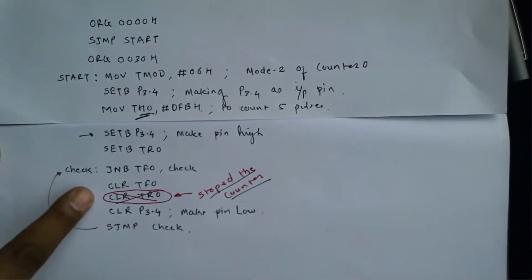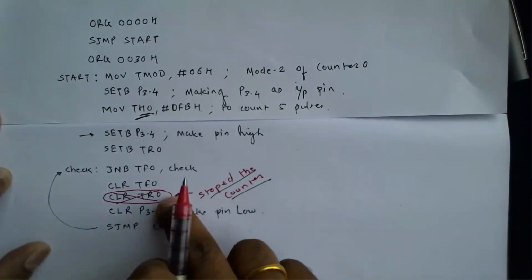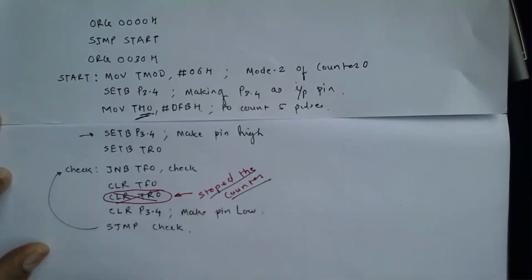In both cases we are stopping it, so the auto reload function will not be of any use if we stop this particular timer or counter here. Even though it becomes auto reloaded, the timer or counter is off and we won't get the satisfactory output.